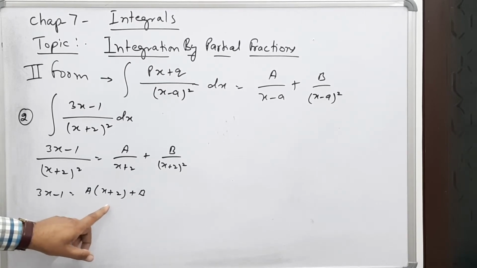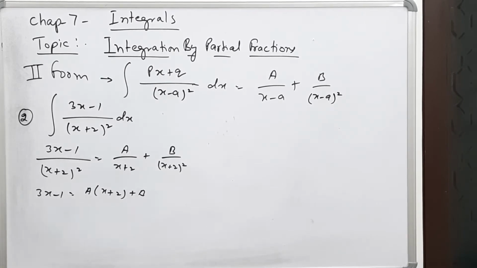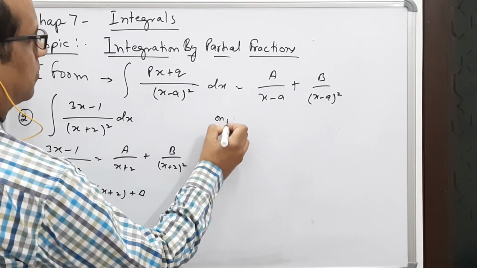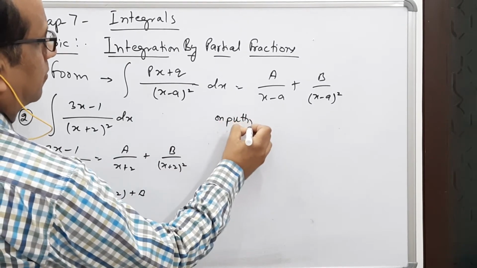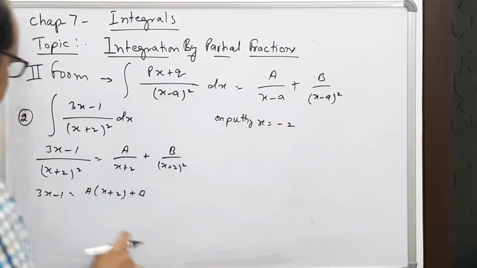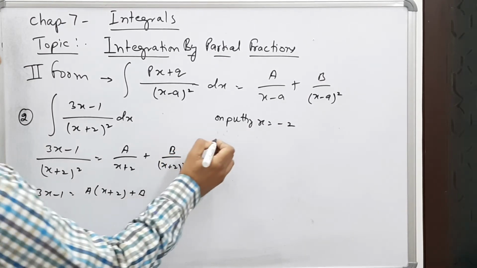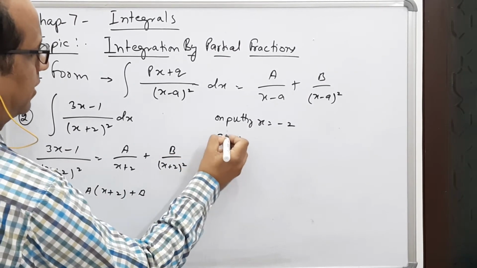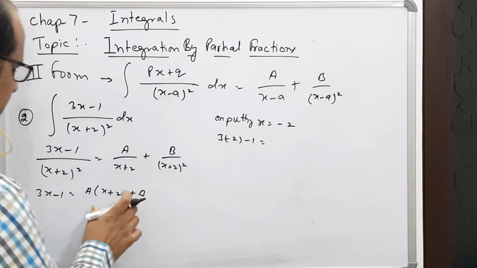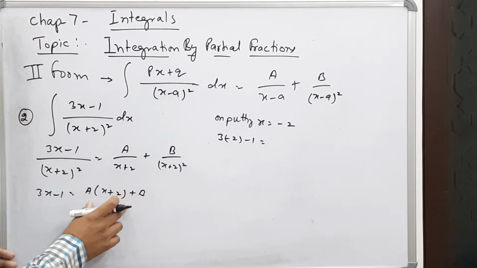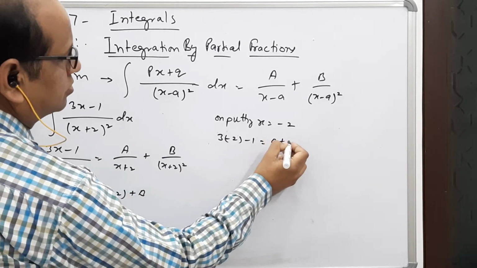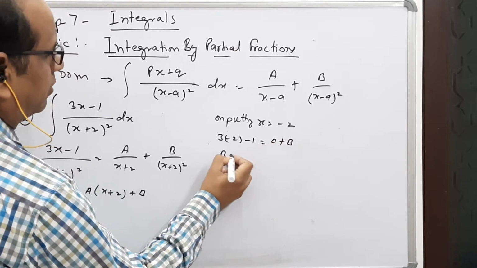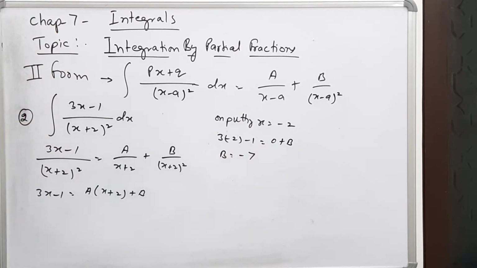Now in this, on putting x equals minus 2, this is 3 times minus 2 minus 1. This part will be 0 and it is B. So 0 plus B. So the value of B is minus 7.